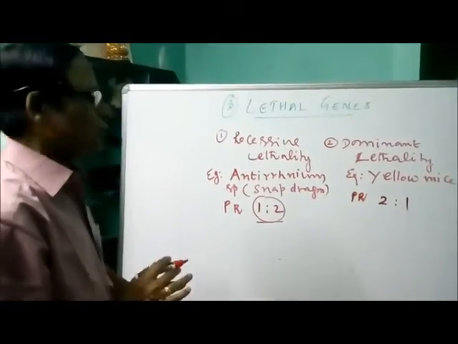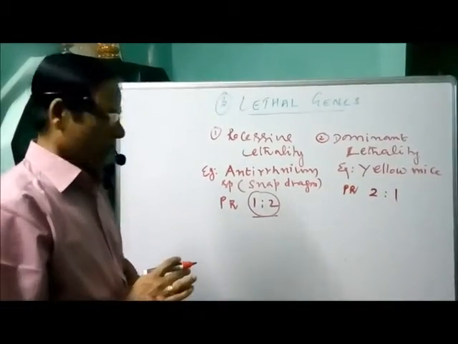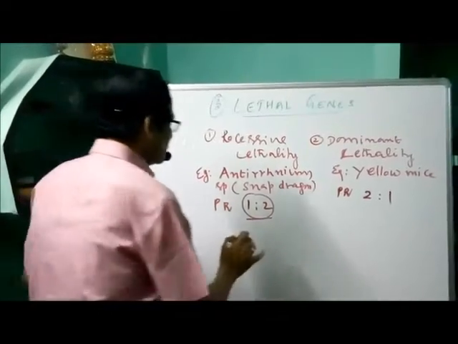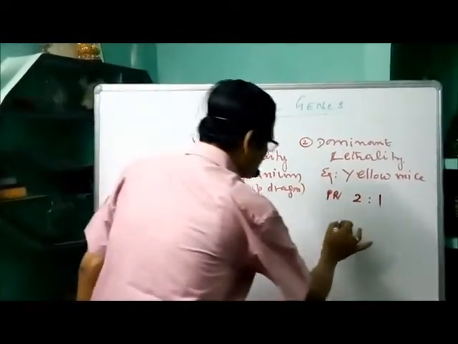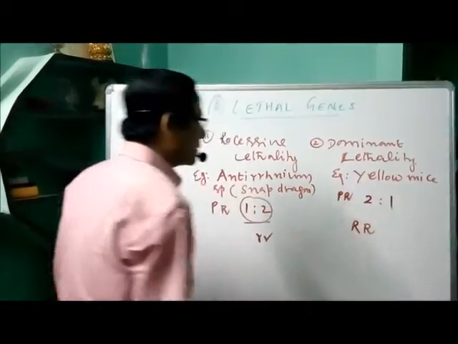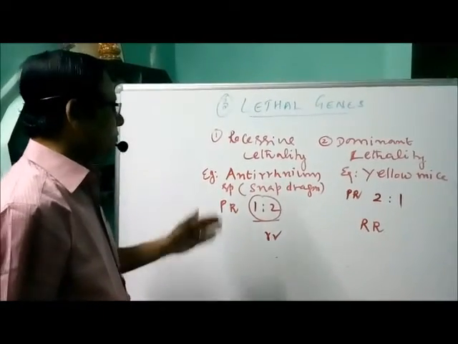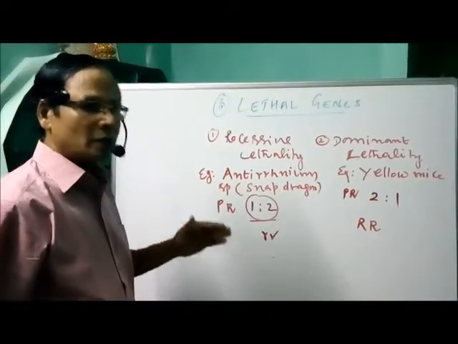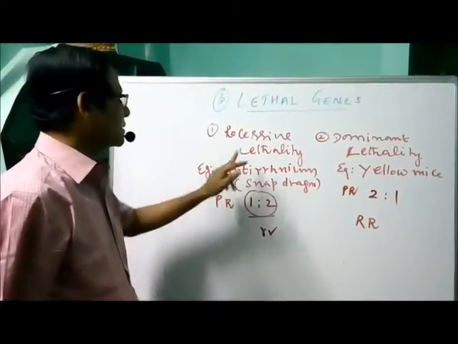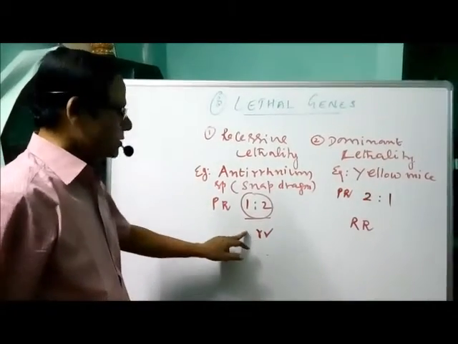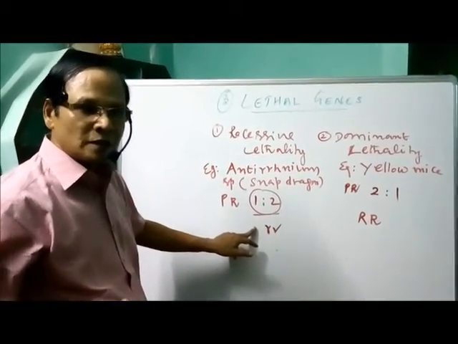I mentioned fully dominant and fully recessive. All the genes are lethal when they are in homozygous recessive condition; that is called recessive lethality. In recessive lethality, the homozygous recessive condition causes the death of the organism.